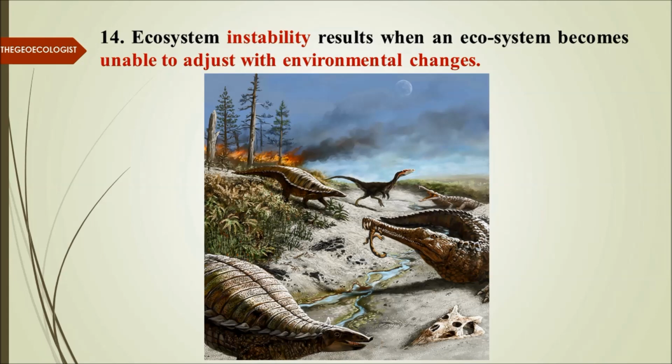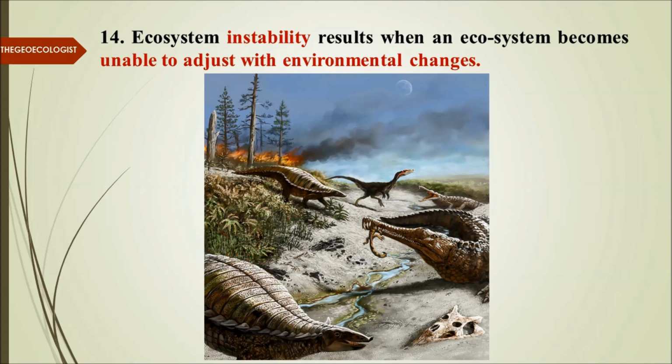Okay? There are theories of extinction of dinosaurs. Because of certain reason, climate change happened, or meteorite shower happened on the earth. The levels of carbon dioxide raised in the air. So whatever happened, basically it is about the environmental change which led to the ecosystem instability.